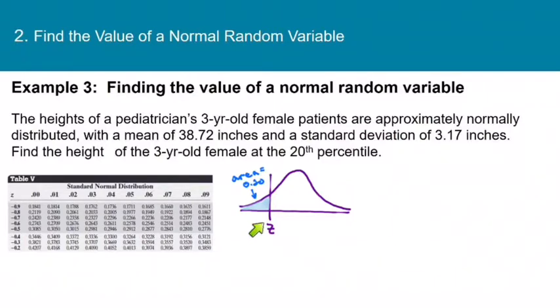And now I'm after this z-score, so I go to the table, and I'm going to try to get as close as I can to 0.2. So here I see 0.2643, 0.2327, 0.2033. Okay, now I'm in the ballpark. Now if I go up, that's too small, so let me go to the right a little bit. And if I go right, then I see 0.2005, and that's really close.